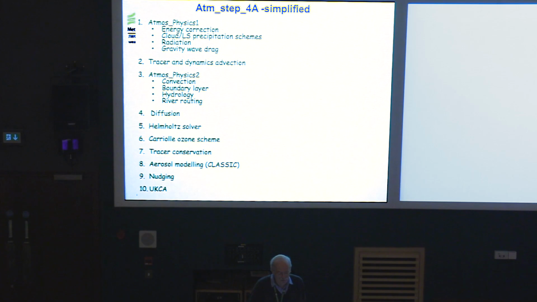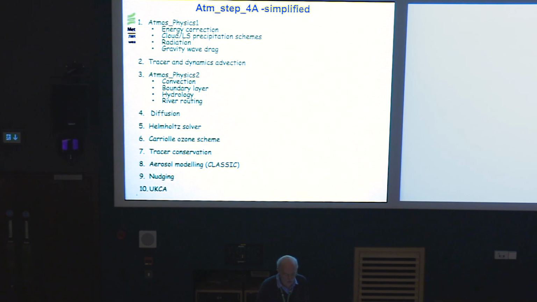In atmosphere physics 2, convection is there, and within that is the aerosol removal in the convective plume, which I'll call plume scavenging here. Boundary layer, an important process as well for UKCA. Diffusion, the main solver of the model dynamics.